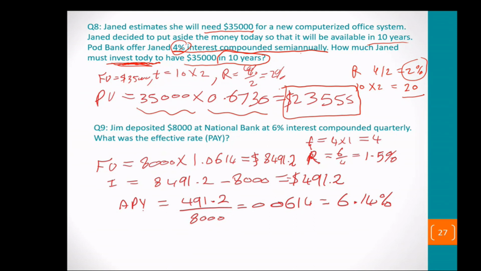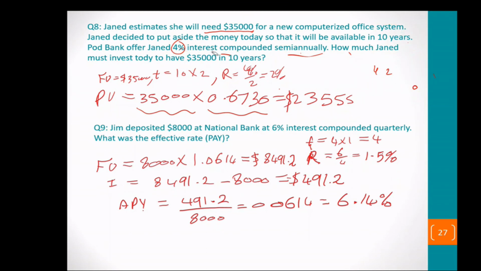So she must deposit in her bank today $23,555 to get $35,000 after 10 years, using this 4% interest compounded semi-annually for 10 years. Any question? It's clear, inshallah.